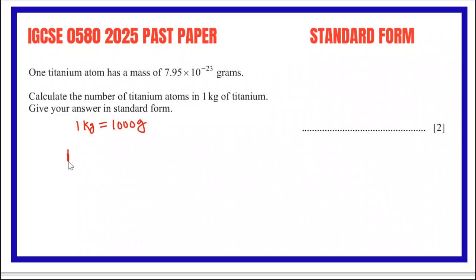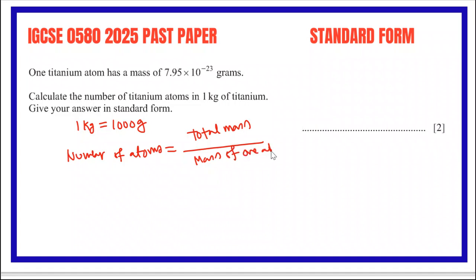Now the number of atoms is equivalent to the total mass divided by the mass of one atom. The total mass is already given, we have 1000. The mass of one atom is 7.95 times 10 to the power of minus 23.